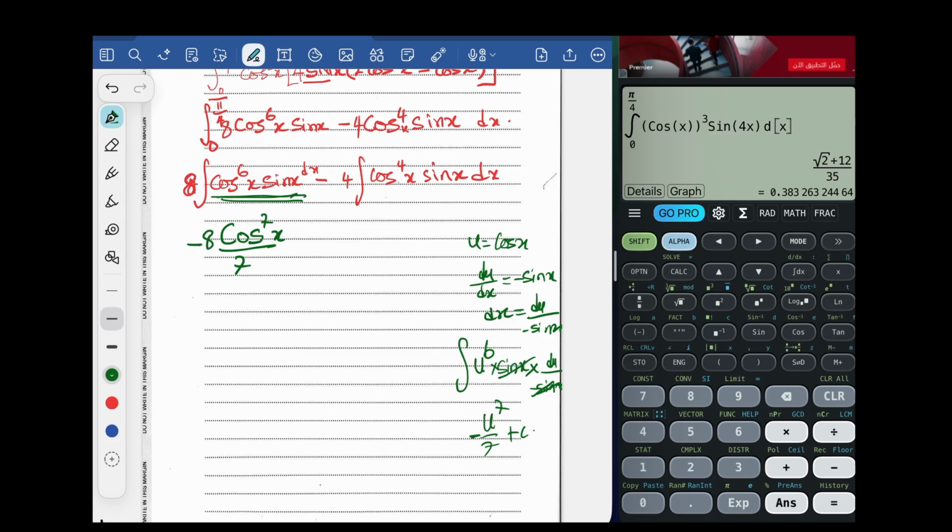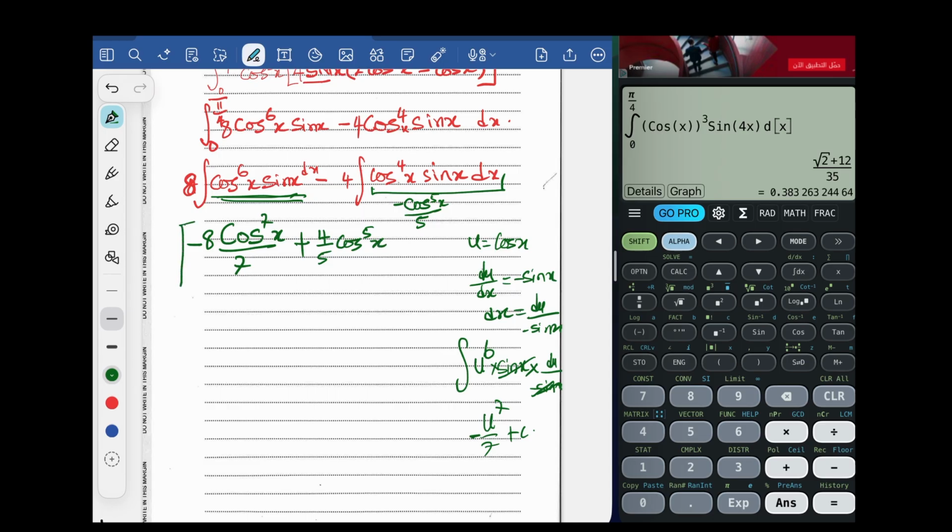Then minus. Then similar thing. So this, if we integrate it, gives us minus cos to the power of 5 x over 5. So that becomes plus 4 over 5 cos^5 x.